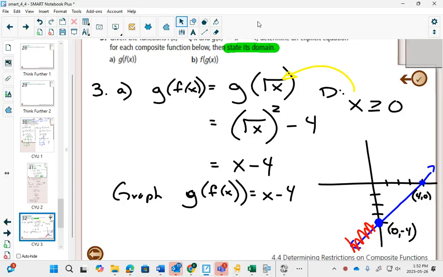Then it said graph. After they asked you, like, you just wrote the domain, make sure you remember to show that on the graph. So this one has a domain restriction, even though it doesn't show up at the final part. You have to check all the way through your equation to make sure there are no non-permissible values.